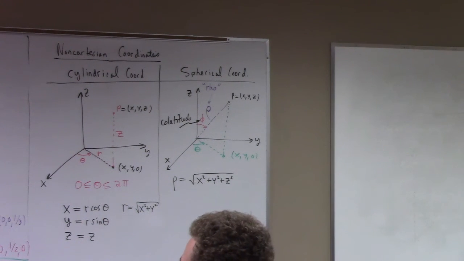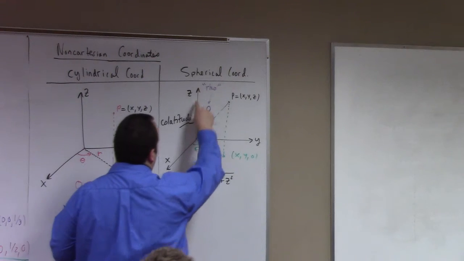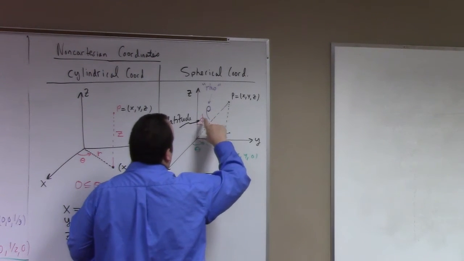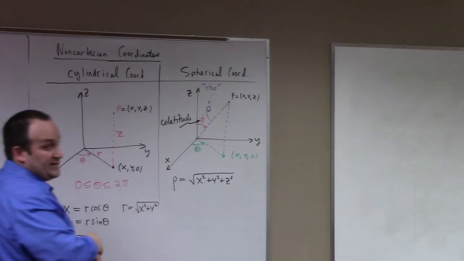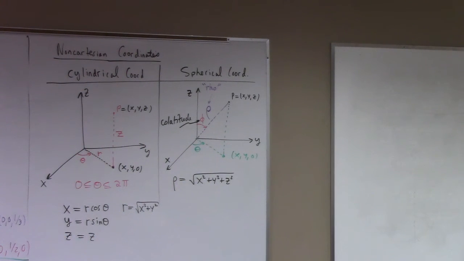Latitude sweeps up from the equator, so the latitude is 0 at the equator, and then it goes up from there. This is a colatitude because it starts out at 0 at the North Pole and it goes down like that. The colatitude is the angle between the point P and the positive z-axis.